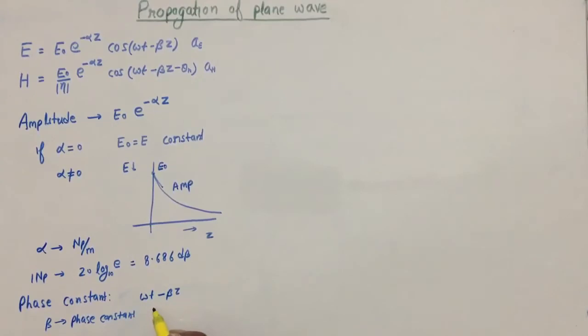It is also named as wave number. Its unit is radian per meter, so the per meter will be cancelled out. So the unit of beta will be radian per meter.